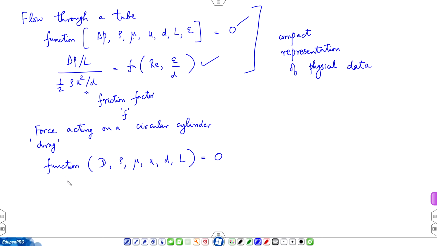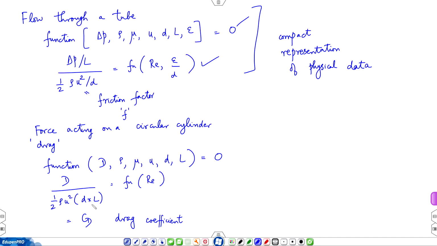So, this we were able to reduce to a single parameter, the left hand side being given a symbol C suffix capital D, called coefficient of drag or drag coefficient. And it is only a function of Reynolds number.